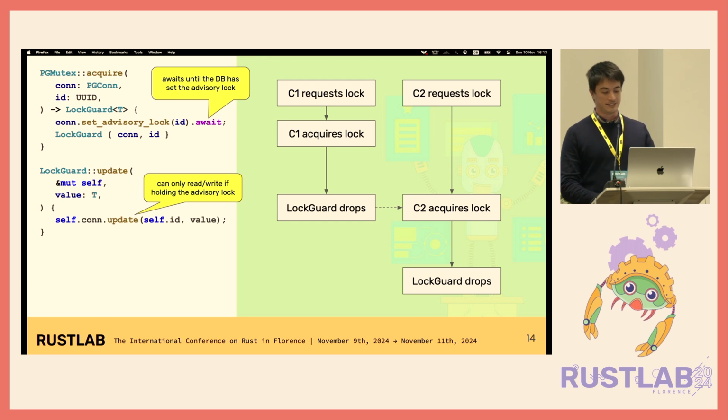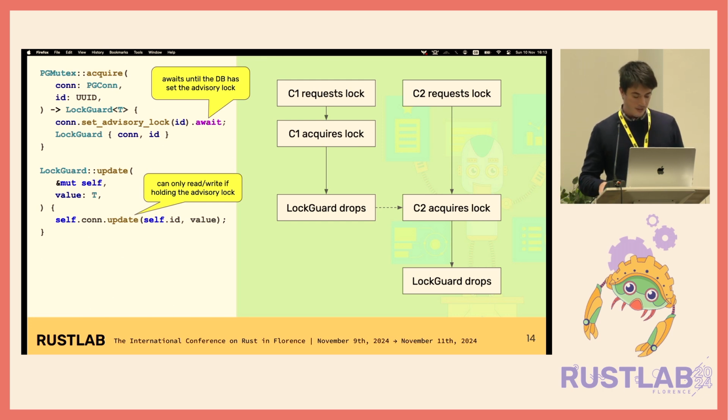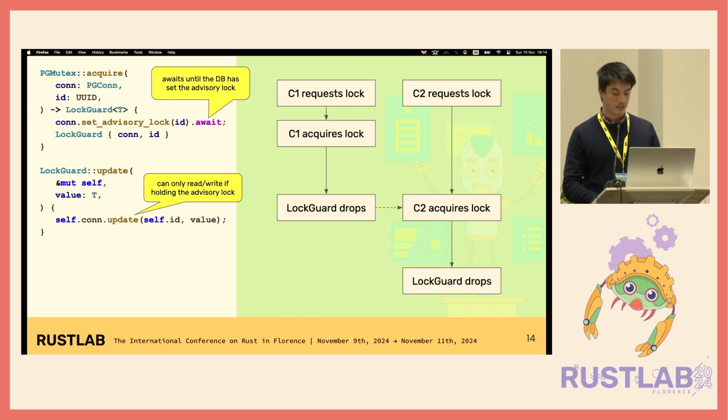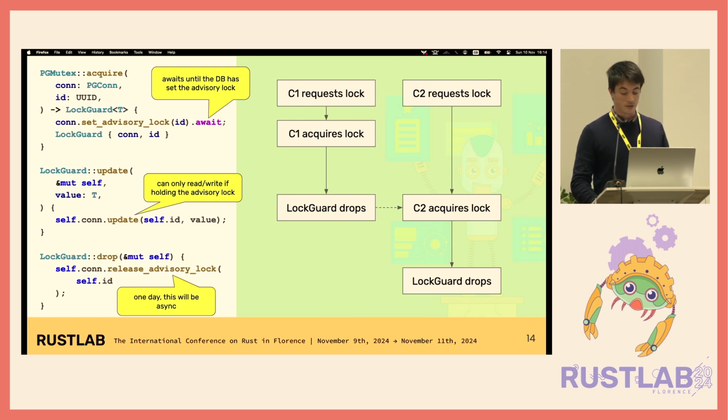We do that by handling all mutations through this lock guard that is returned by the previous method. So here specifically, I'm going to update the value that is on the database. And then finally, when the lock guard drops, we release the lock on the database.